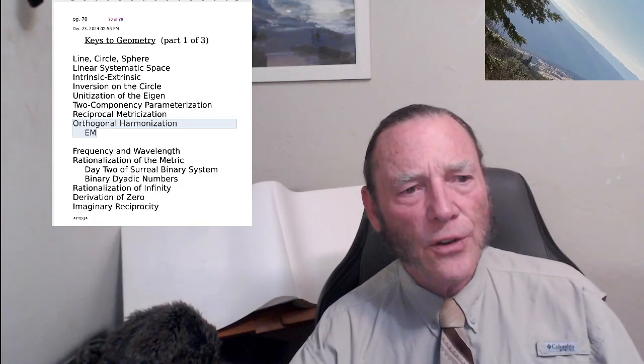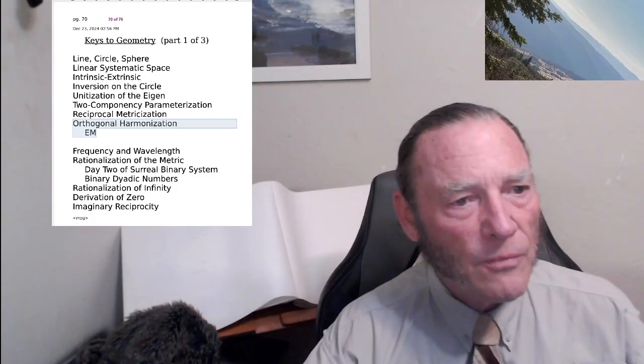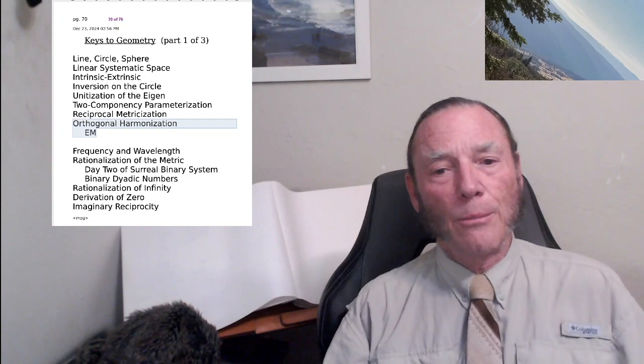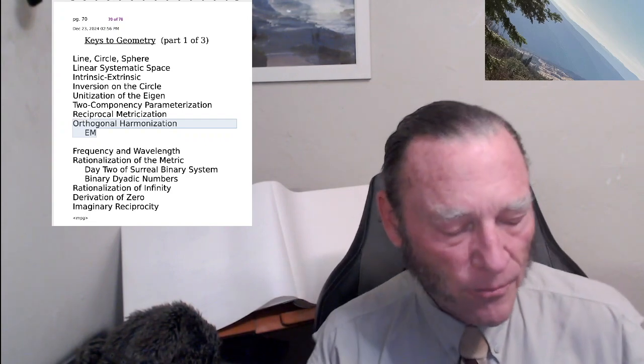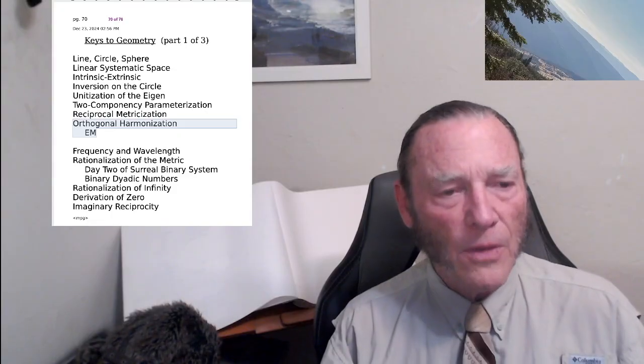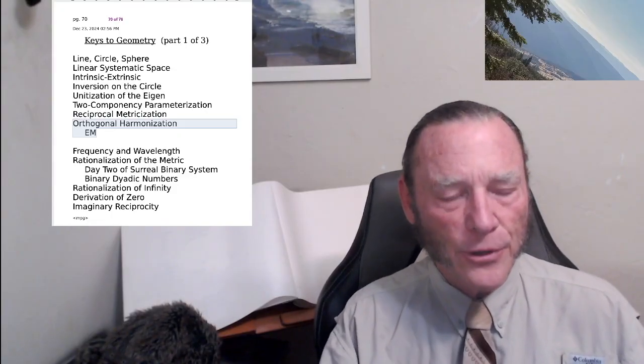The line, circle, and sphere we covered thoroughly. The linear systematic space is what science uses. It's the only geometry that's ever been known. And even so-called non-Euclidean geometries are in fact linear geometries.